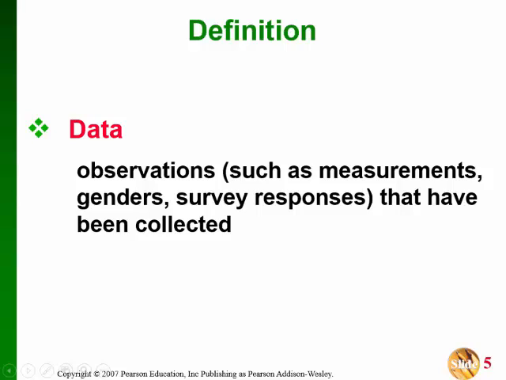Some examples would be measurements of something, or a gender or survey response, yes or no, or measurements such as height or age or number of keys in your pocket, miscellaneous things like that. So anything that you would collect basically would be considered a data point. And data as a whole is the collection of observations that you've collected.